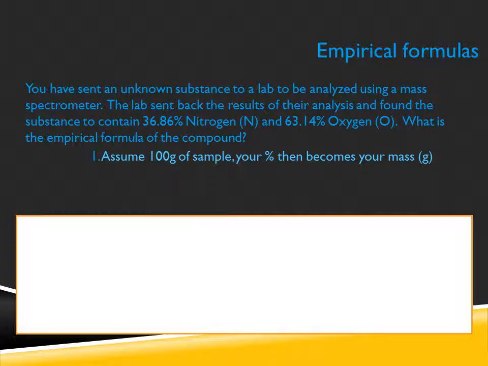What is the empirical formula of the compound? Our first step is to convert all those percents into grams. So 36.86% for nitrogen now becomes 36.86 grams, and for oxygen it goes from 63.14% to 63.14 grams.